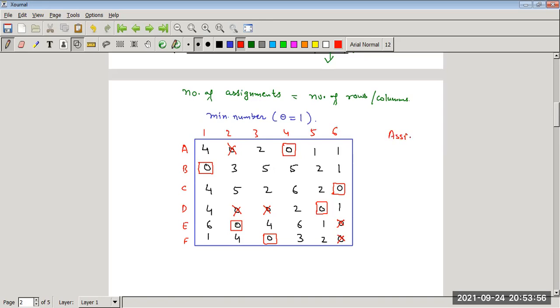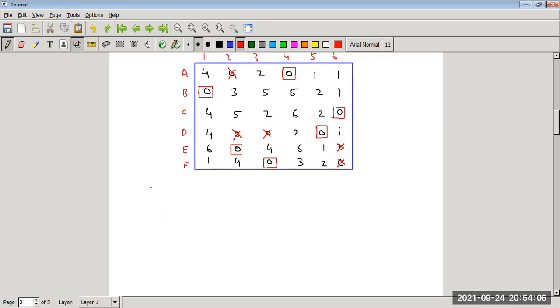Assignments are: A gets the fourth job, B is assigned the first job, C is assigned the sixth job, D is assigned the fifth job, E is assigned the second job, F is assigned the third job.